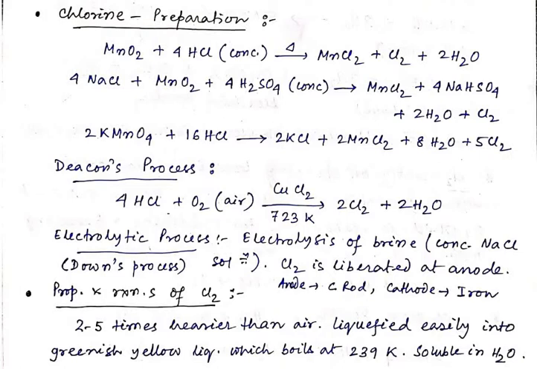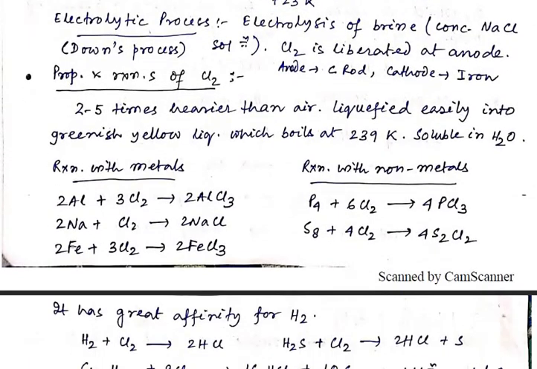In this process we electrolyze the brine solution, and then Cl2 gas is liberated at the anode, and in this process we mainly use a carbon rod as the anode and iron as the cathode. Okay, that is the electrolytic process, also known as the Downs process.